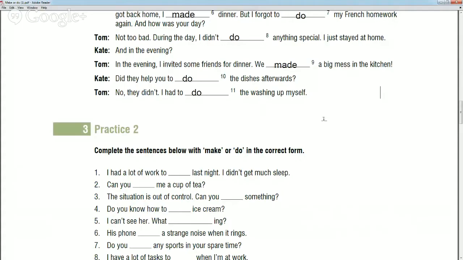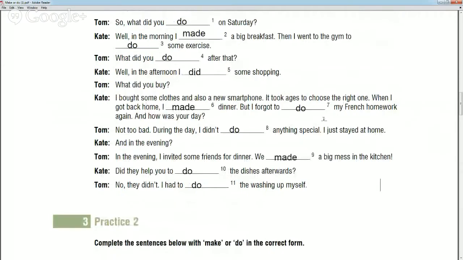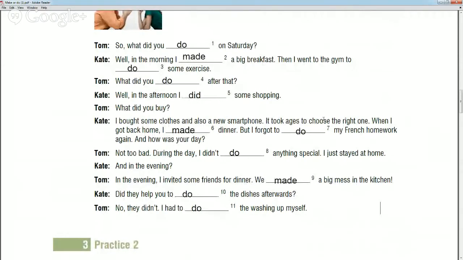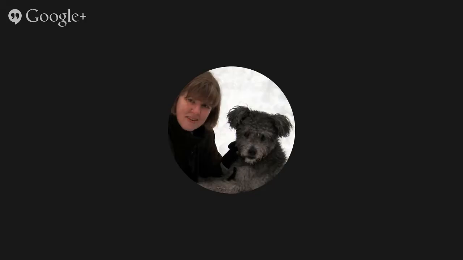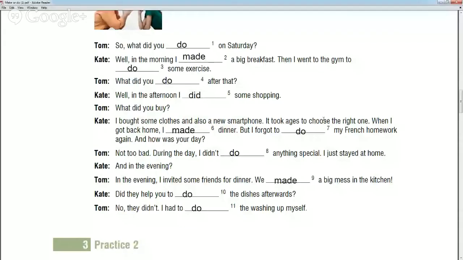Okay. I have a question. When I want to say that I want to do a business or I want to make a business. So when you do business, it's with existing clients, existing customers.